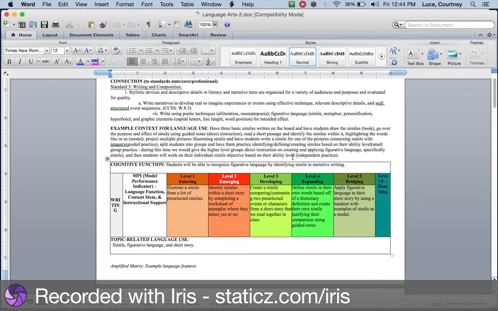Okay. The next piece here is the domain. And in this one, it shows that the domain is writing. And when I go back through some of the other documents, this will become more clear. But the two domains we are going to be working in are writing and speaking. And these are considered productive domains because they require us to produce language.